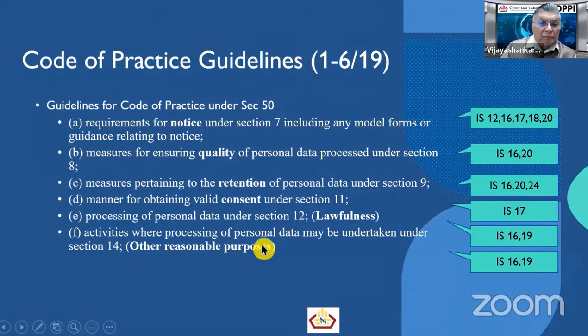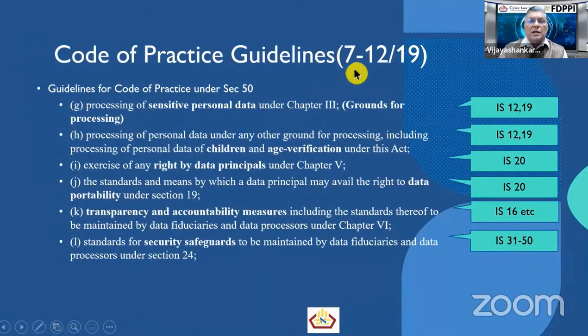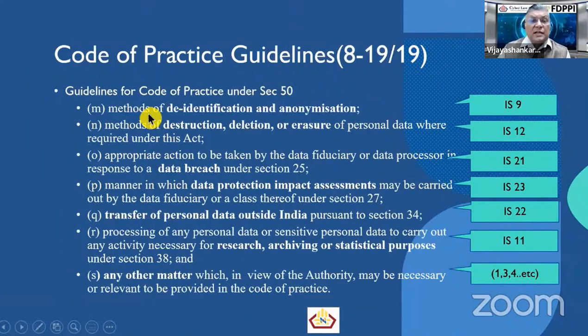Then there are other reasonable purposes for consent exemption. There are certain implementation specifications. So each of these code of practice elements, from 1 to 6 given here, 7 to 12 given here, regarding sensitive personal information, data portability, transparency, and the standard of security, all these things, then methods of de-identification, methods of destruction, data breach notification.